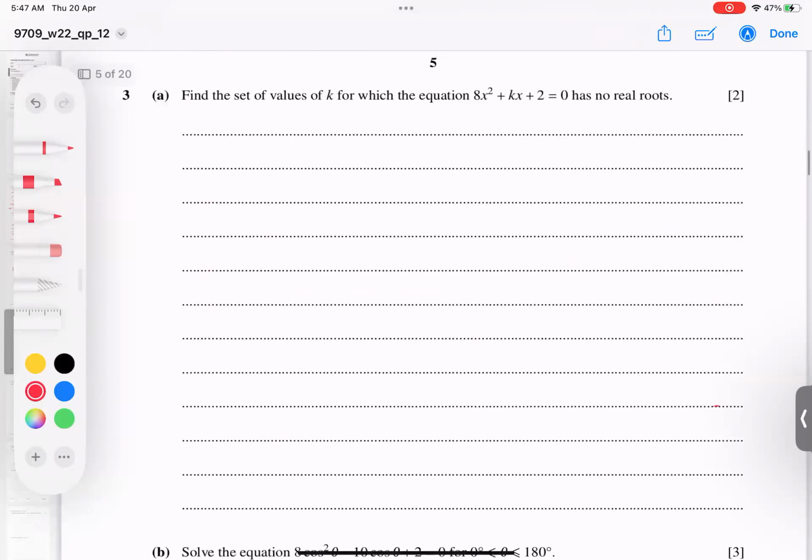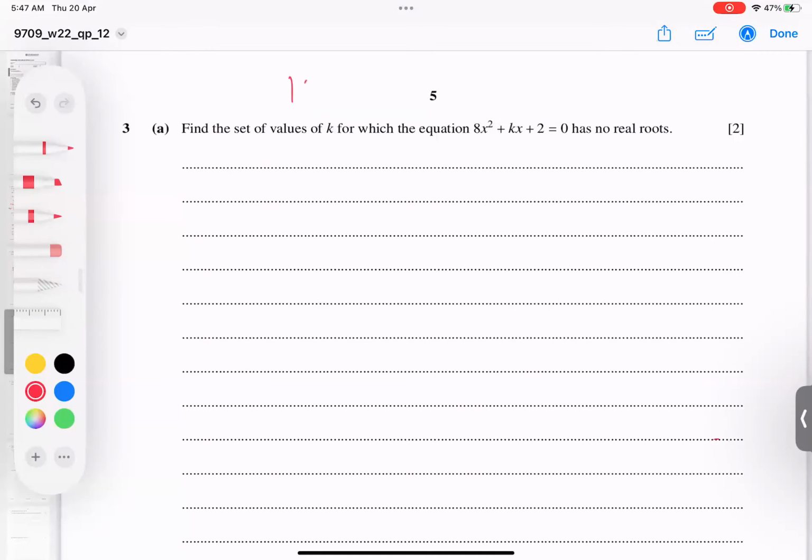Question number 3, set of values. This means in the form of less or more, like this or like this, or both, or sometimes one, for which this equation has no real roots. No real roots is actually, we have 3 criteria: line does not intersect, this is touch, and the third option is cut.